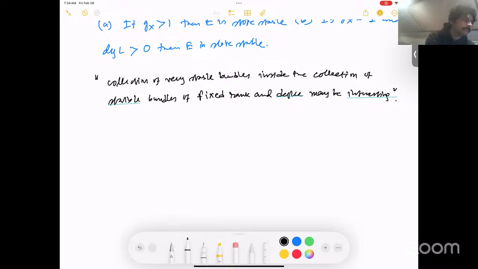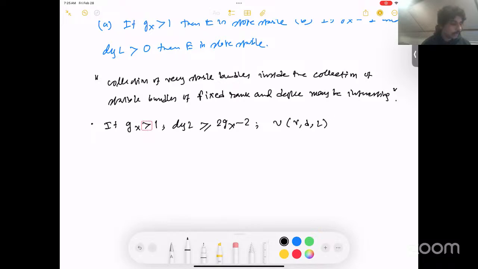So in case you have genus greater than 1 and degree of L at least twice gX minus 2, then the L-twisted very stable bundles of rank r and degree d live inside the moduli space of stable bundles, that is simply the isomorphism classes of stable bundles of fixed rank and degree.